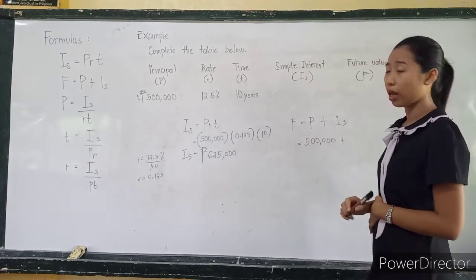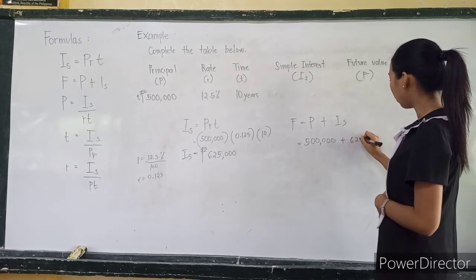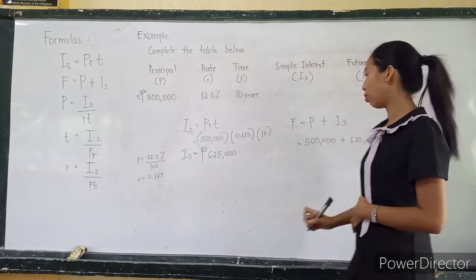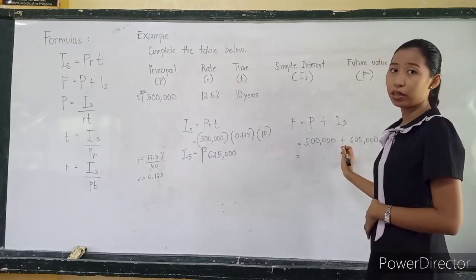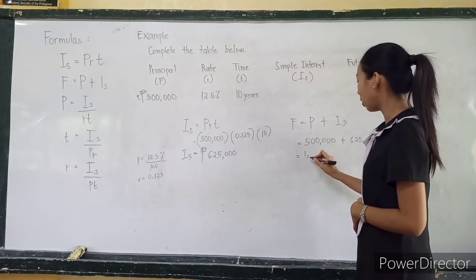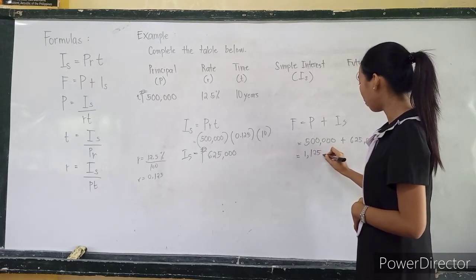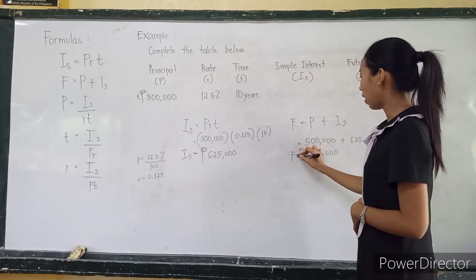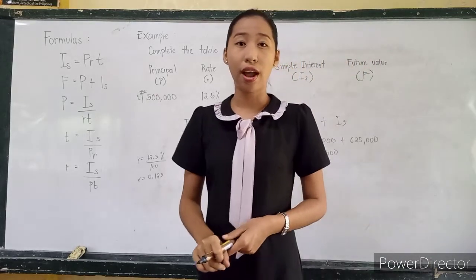Add it to the 625,000 that we computed earlier. Simple addition. So we're going to have 1,125,000 pesos. So that is now your future value.